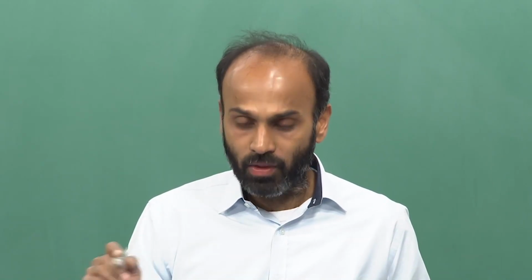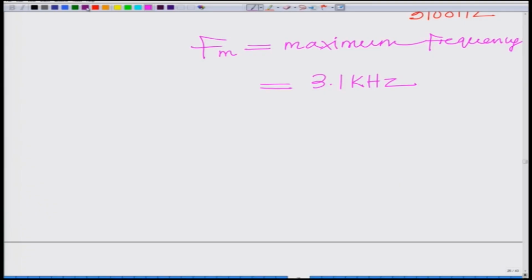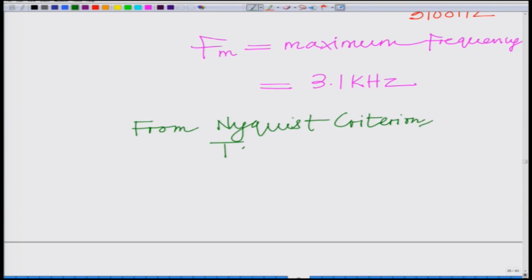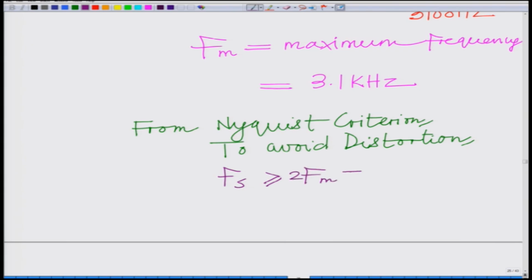Okay. Now, therefore, the sampling frequency Fs from the Nyquist criterion, to avoid distortion, we need Fs greater than or equal to twice Fm, which is twice 3.1 kilohertz, that is equal to 6.2 kilohertz.